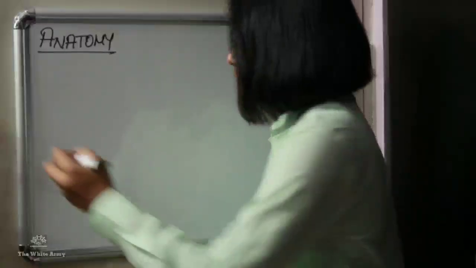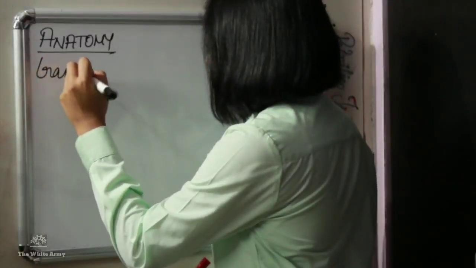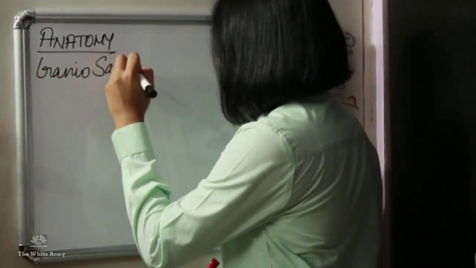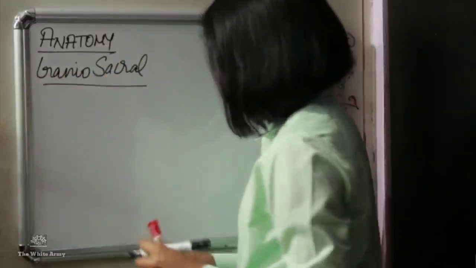Moving on to the organization of the parasympathetic nervous system. Now, from the previous video, we have learned that the sympathetic nervous system is associated with the thoracolumbar outflow. On the other hand, the parasympathetic nervous system is associated with the craniosacral outflow. Now, why craniosacral?